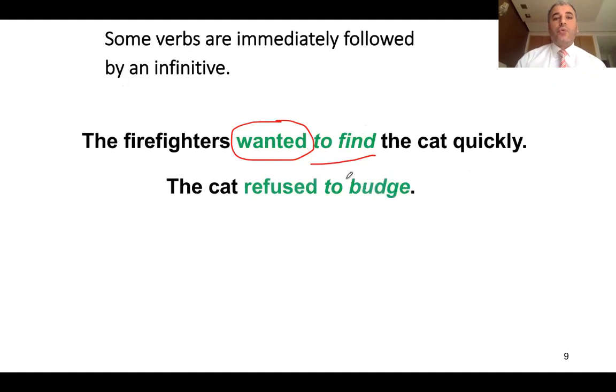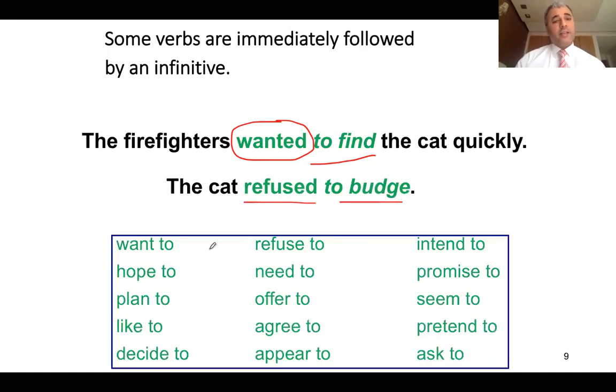Next, the cat refused to budge. And this is an example of the lists that you have in your textbook. In your textbook, there are plenty of lists like this one, where you have lists of expressions followed by gerunds, lists of expressions followed by infinitive, as we have in here, and other lists of expressions that can be followed by either gerund or infinitive. Now, I will refer you to your textbook, and I'm going to show you examples of what I'm talking about from your textbook at the end of sharing these slides.